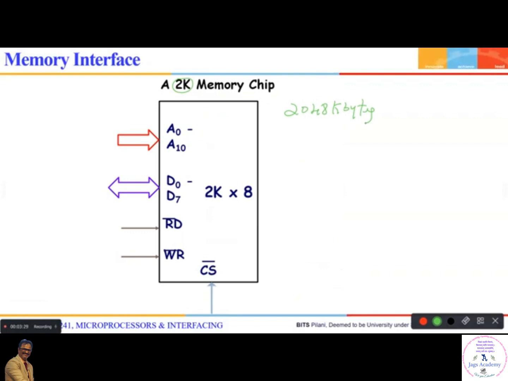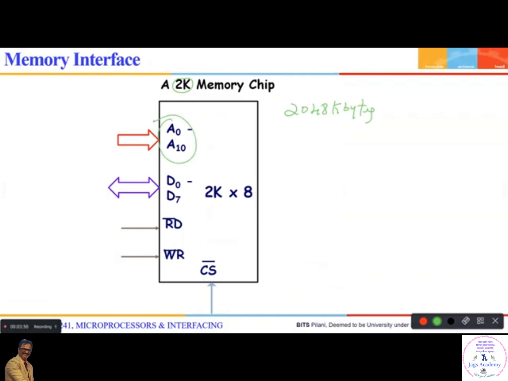So try to understand this. It's very important for you. There is no rocket science in this. These are very easy, simple values to remember. So to address 2K memory, you need 11 address lines.